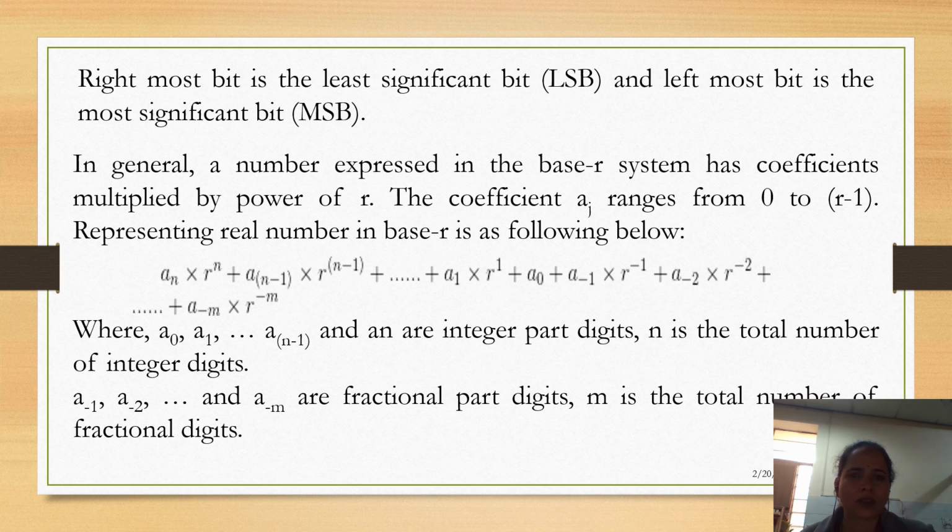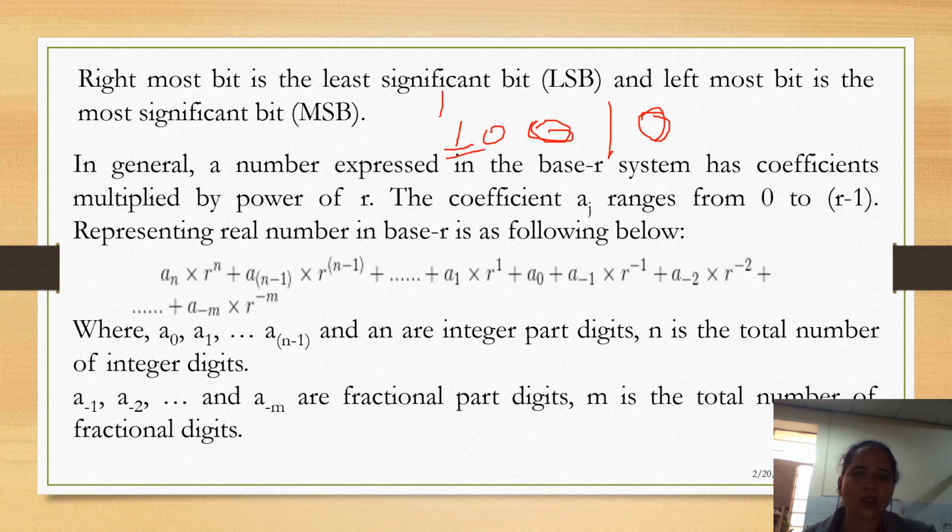Now here, what is the least significant bit and the most significant bit? If the number is 10010, then what is the least significant bit and what is the most significant bit?